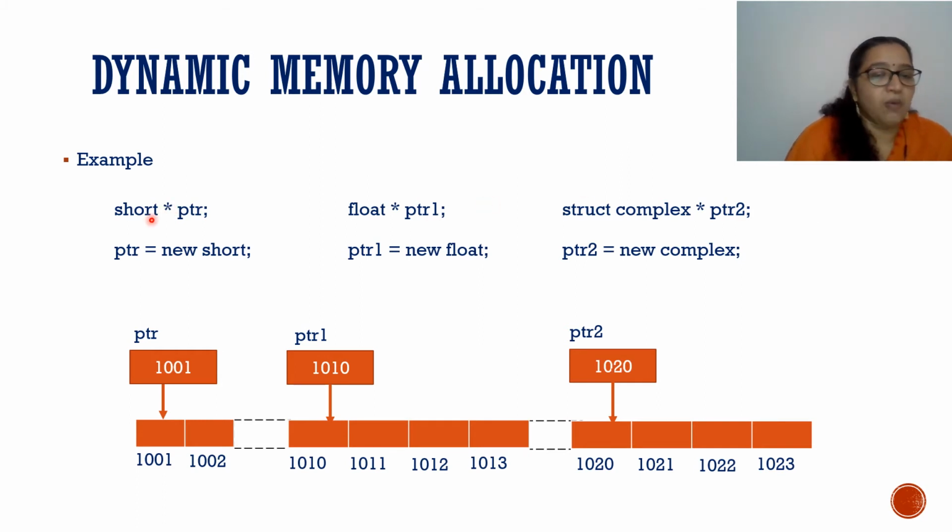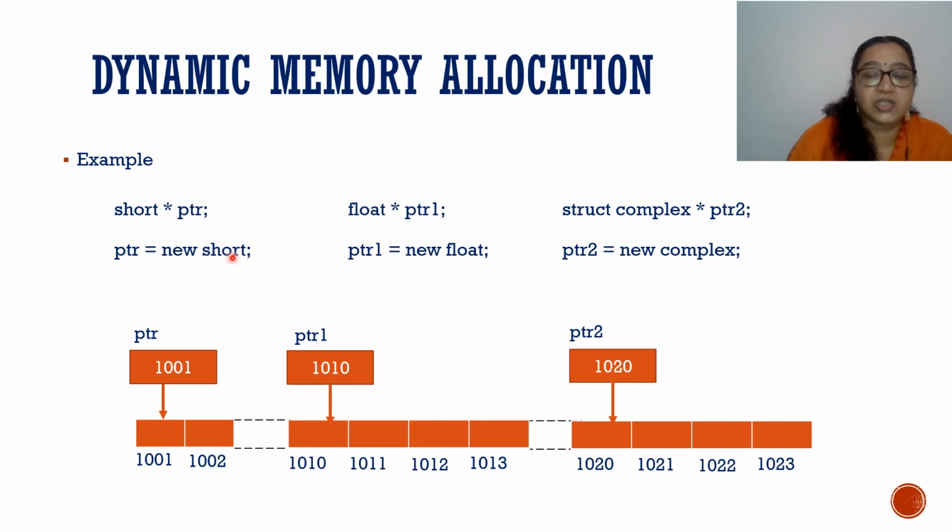So see how we can create or allocate memory spaces through this pointer. PTR is equal to new short. The meaning is through PTR we are allocating a memory space. How much space is there? 2 bytes. See, new short.